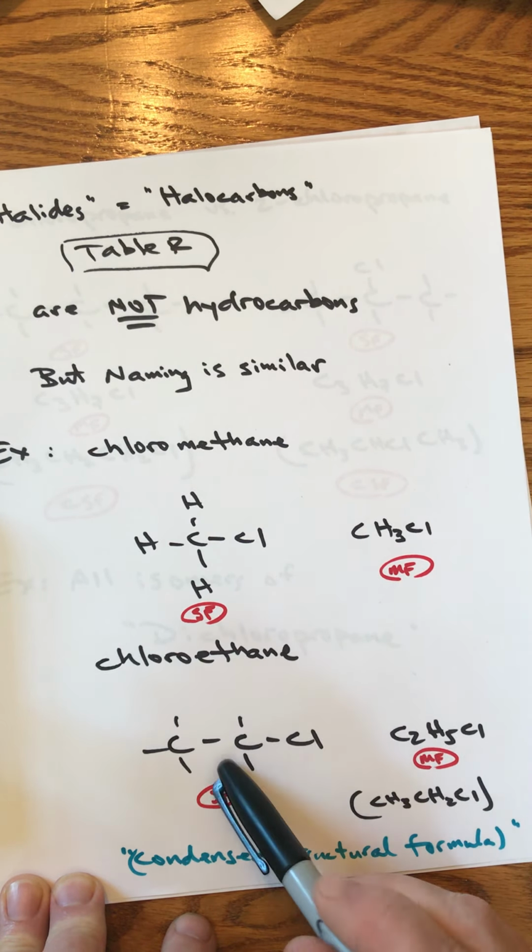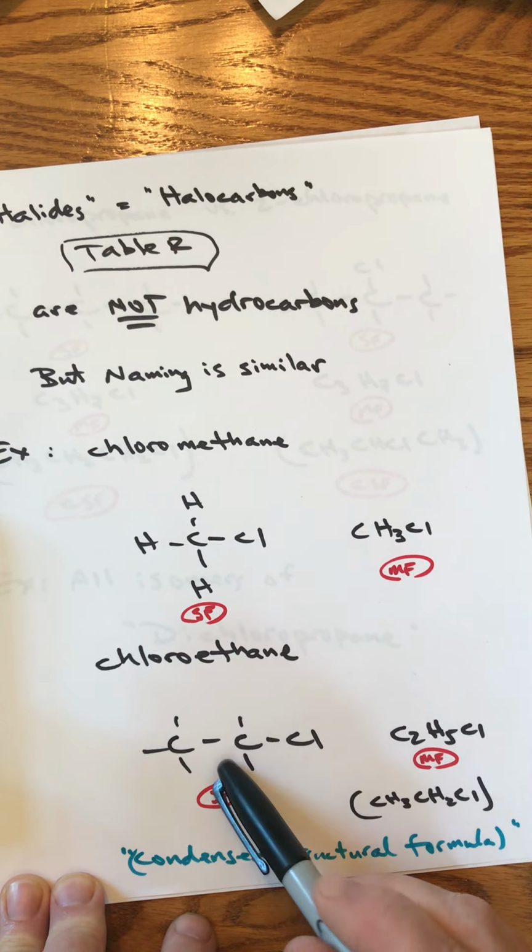This one, CH3, CHCl, CH3. CHCl, there's really a hydrogen there, right? So CHCl and then CH3. Okay, so they have different condensed structural formulas. They have the same molecular formula.